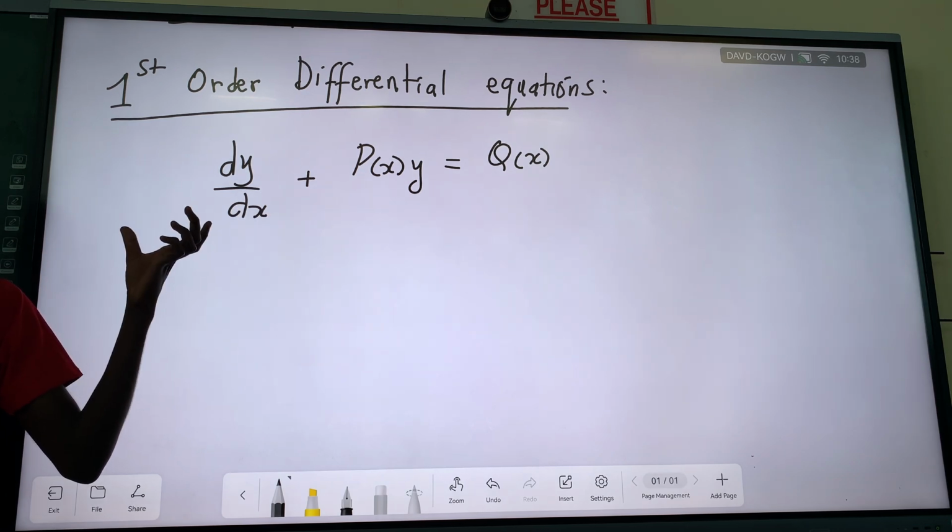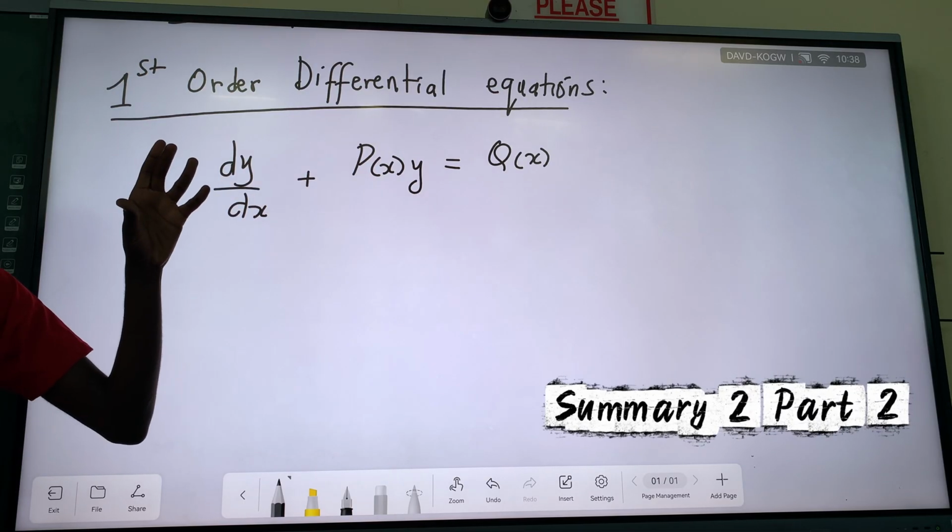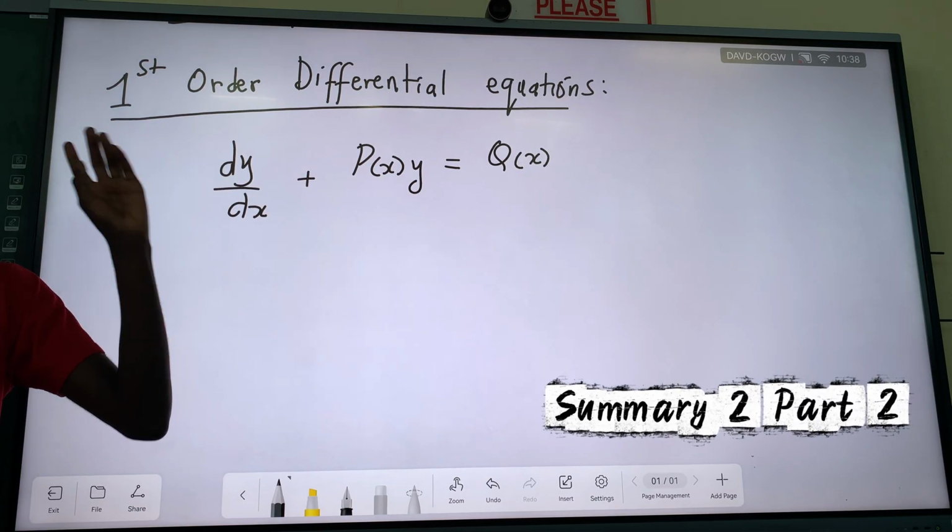Now, the format of a first order differential equation: say we have dy/dx. First order simply means the highest derivative is the first derivative.